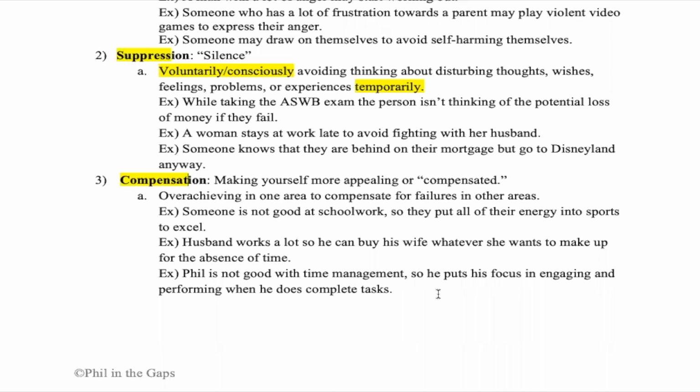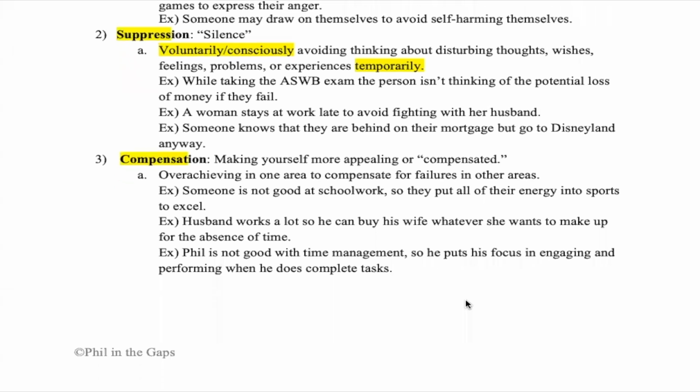Another example, Phil is not good with time management, so he puts his focus in engaging and performing when he completes tasks because he's not good at completing them in a timely manner or having a concept of time. Again, lacking in one area of life, but making up for it in another area of life.